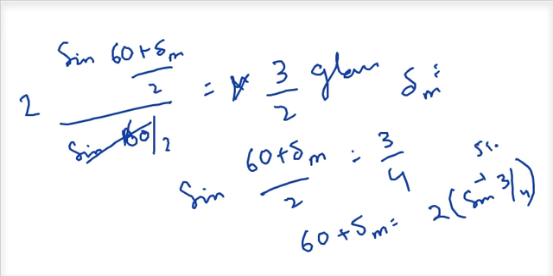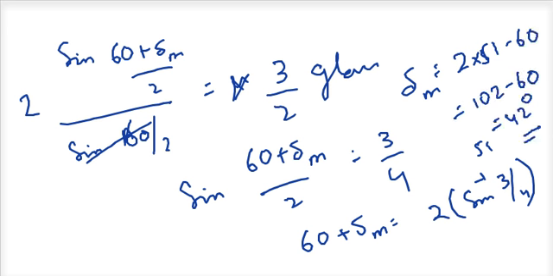Suppose it is approximately 51, so D minimum will become 2 into 51 minus 60, that will be some 42 degrees. Okay, so this is the angle of minimum deviation as far as a prism is concerned. Okay, so I hope you are able to understand this.